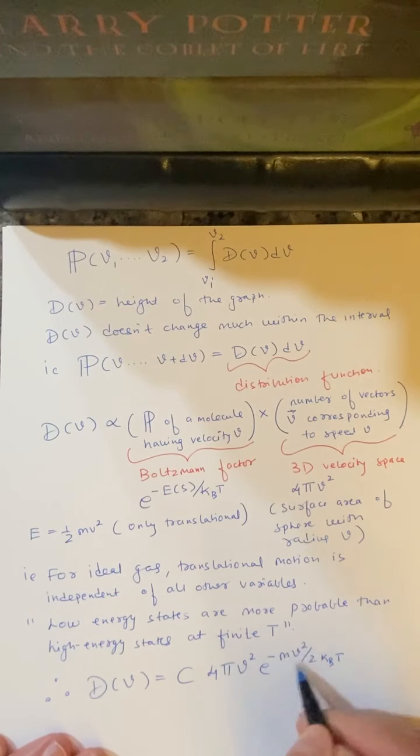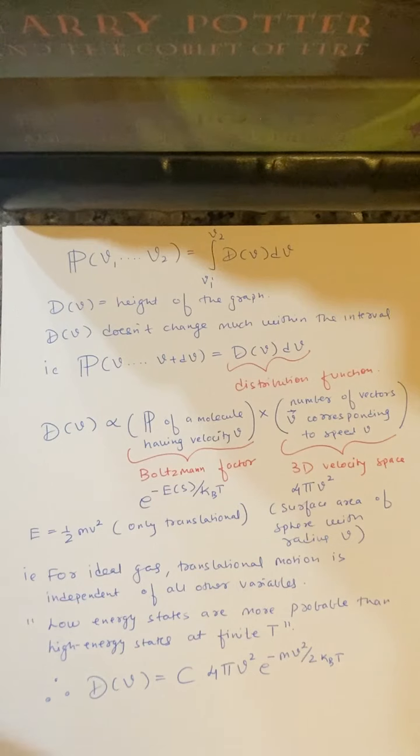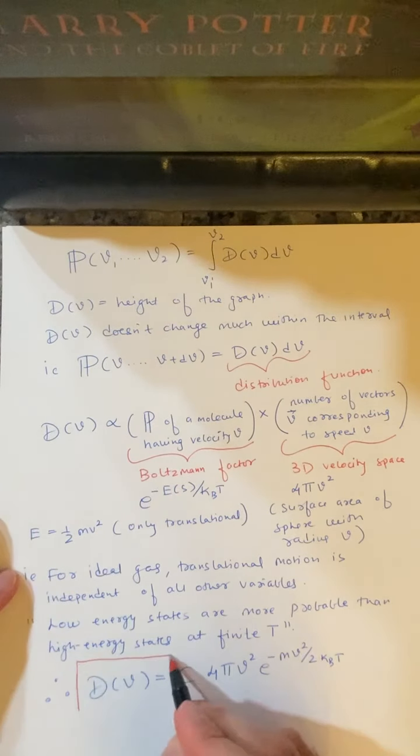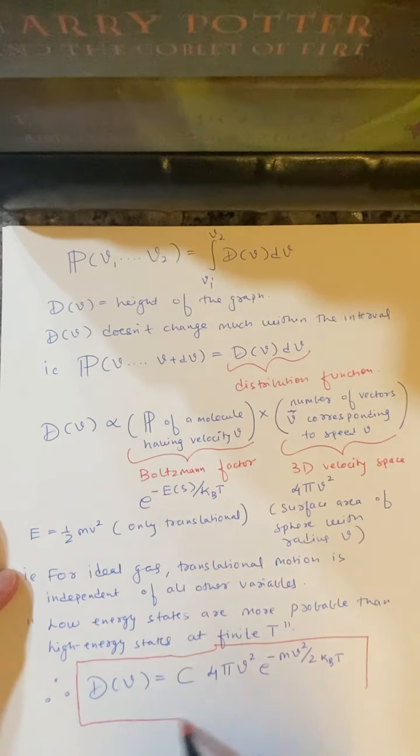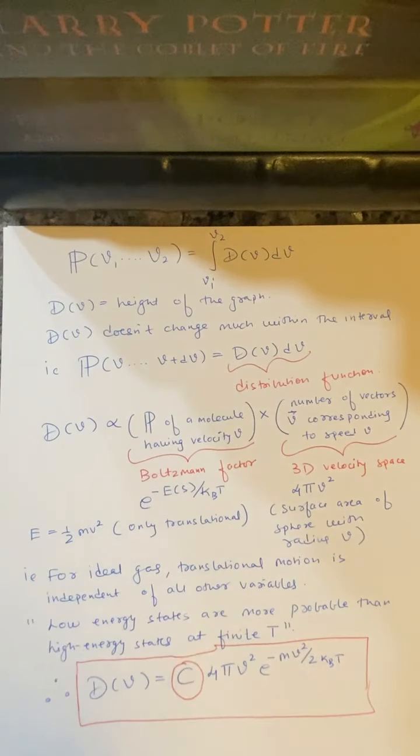Over here, I have already substituted the half mv square. Let's block this. This is our starting point. We still need to find the constant of proportionality, so we are not done yet. We need a precise value for that constant, right?